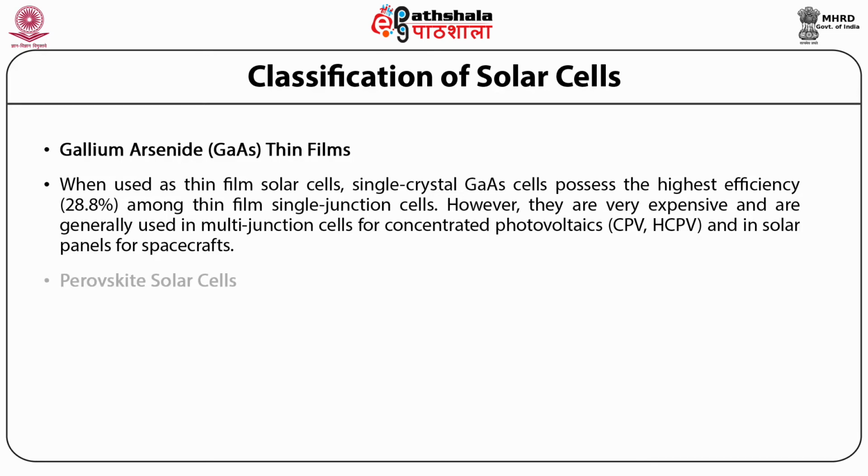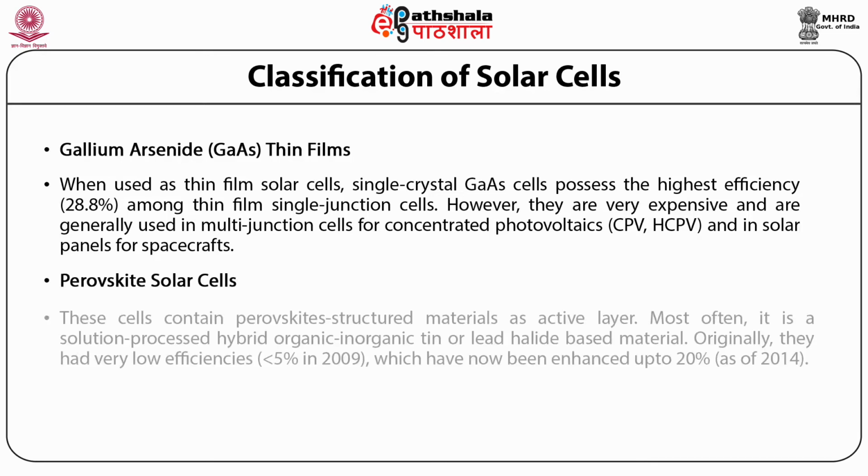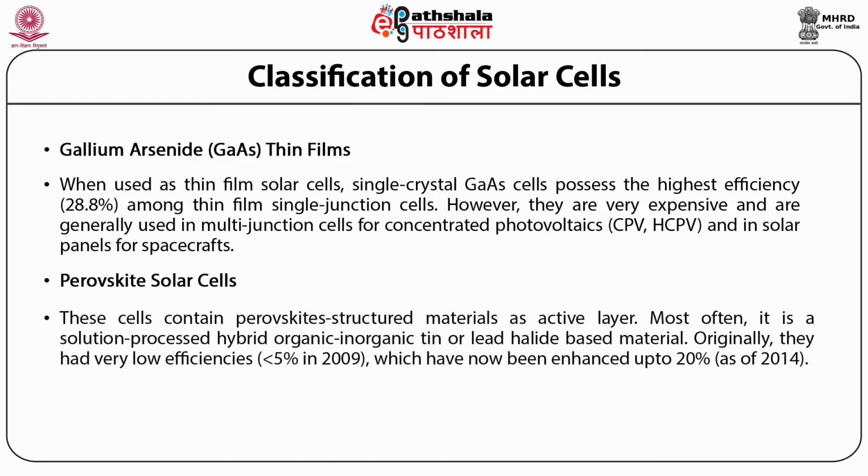Then about perovskite solar cells. These cells contain perovskite structured materials as the active layer. Most often, it is a solution processed hybrid organic inorganic tin or lead halide based material.